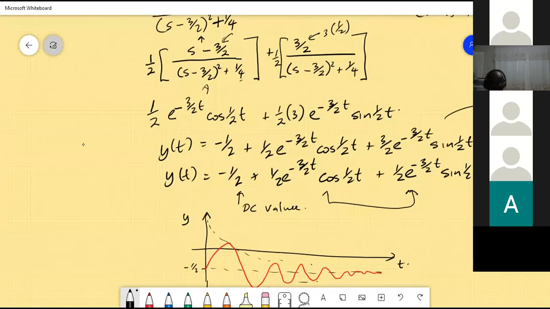I prefer using the Laplace transform method, but we have to talk about the other method as well, so that we have a thorough understanding of what is going on. All right.